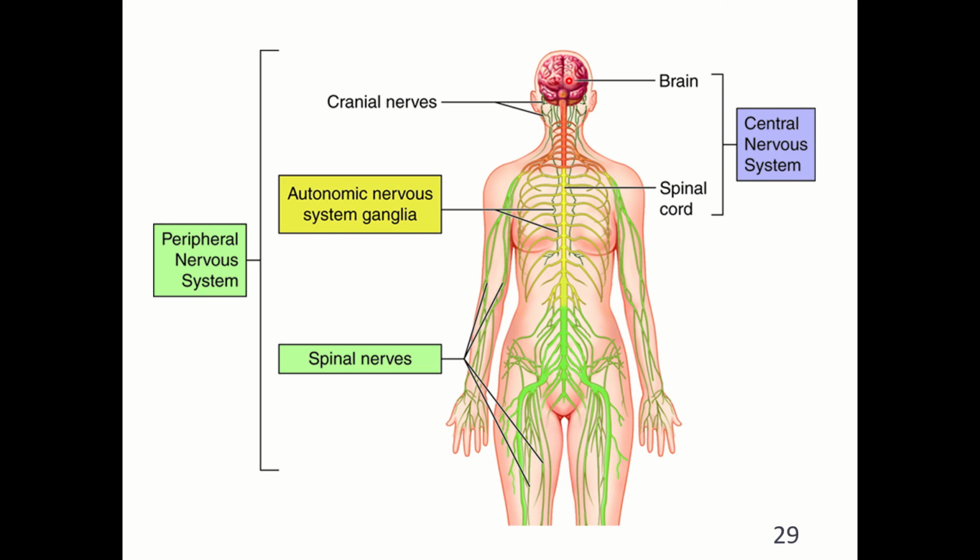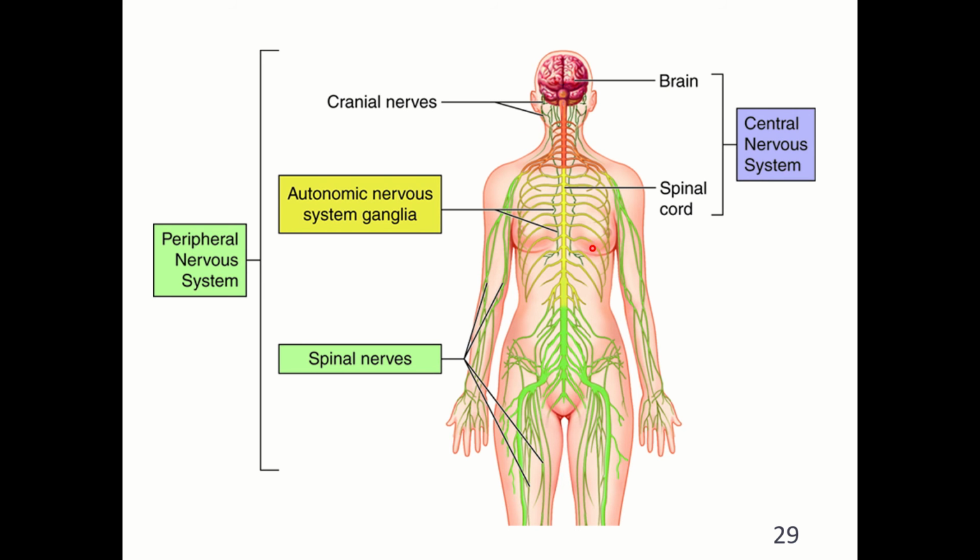This illustration shows the cervical region, the thoracic region, the lumbar region, sacral and coccygeal region. It's a good illustration because it shows the ventral rami that will form the anterior rami that will form the cervical and brachial plexuses that innervate the neck and upper limbs.